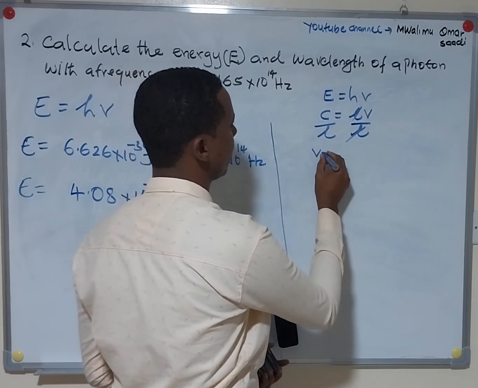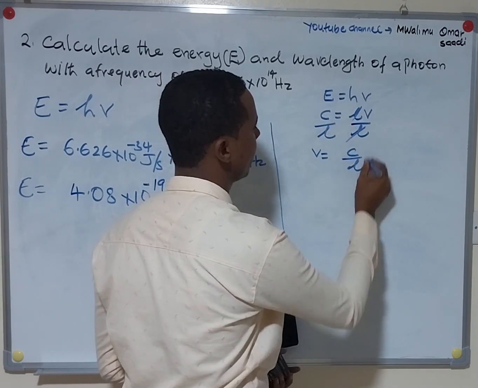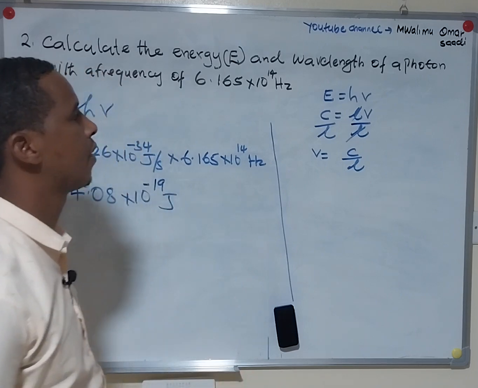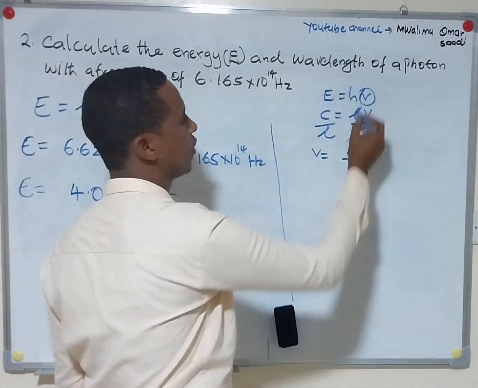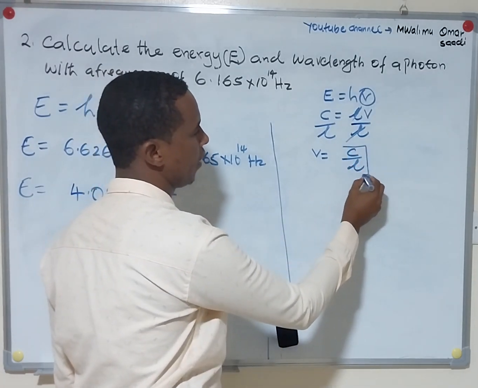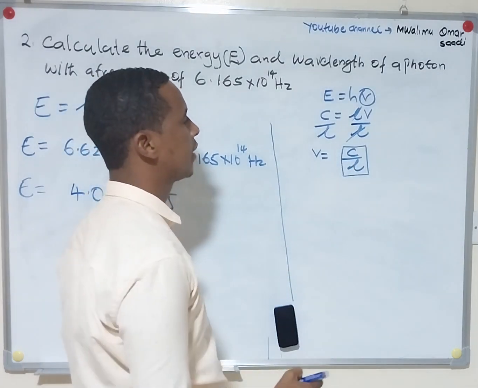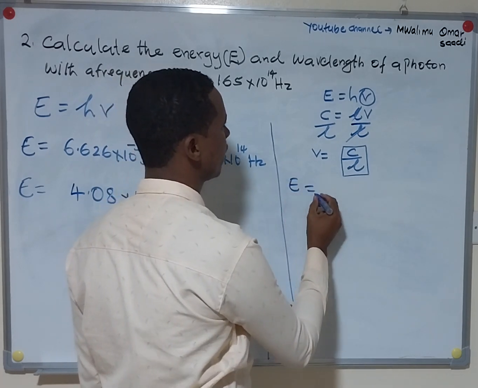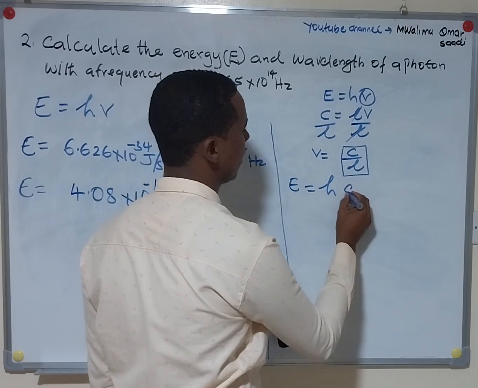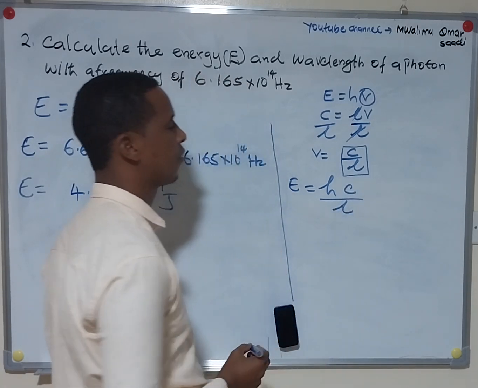So v is equal to speed of light over wavelength. So let us now substitute v with speed of light over wavelength. So energy E is equal to H times speed of light over wavelength.